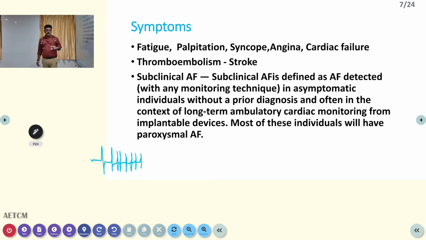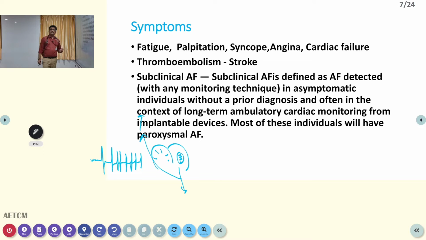Then suppose the atria are beating very fast and the contraction is not proper, then there is a chance of accumulation of blood in the atria that produces mural thrombus. This thrombus can go from the atria to the ventricle. From there, it can go to the blood supply to the brain or somewhere else. So thromboembolic phenomena are very common.